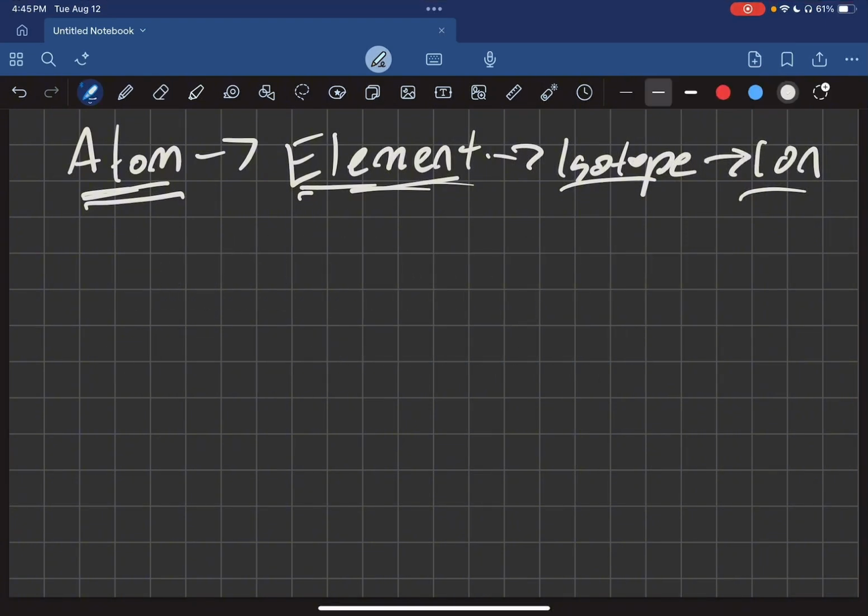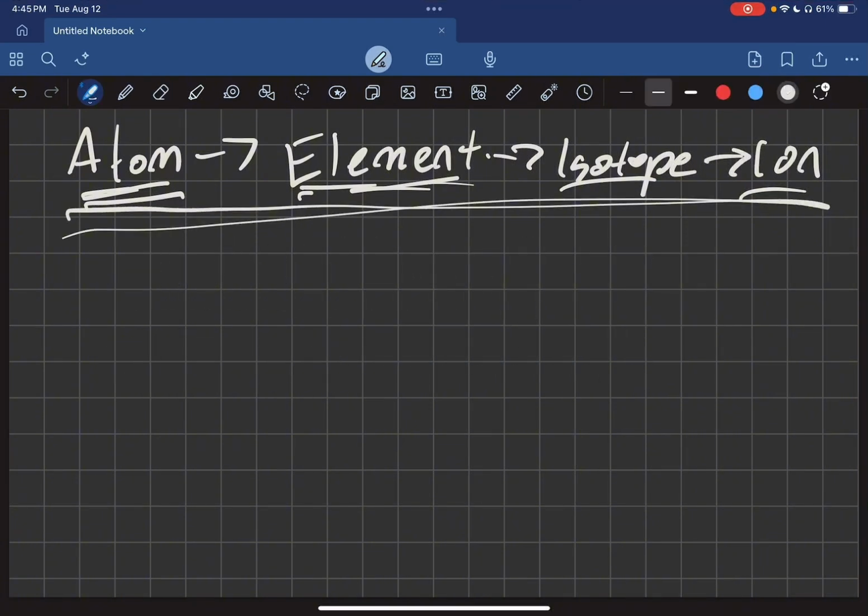So that is just a brief introduction to the ion, the element, the isotope, and the atom. Now let's go over a little bit of notation just to make this all very standardized. Generally, when we write out an element, we're going to write it this way. We'll have a symbol for that element.